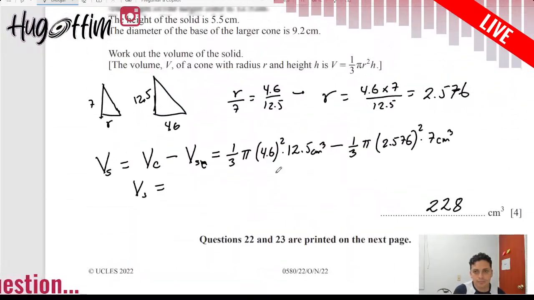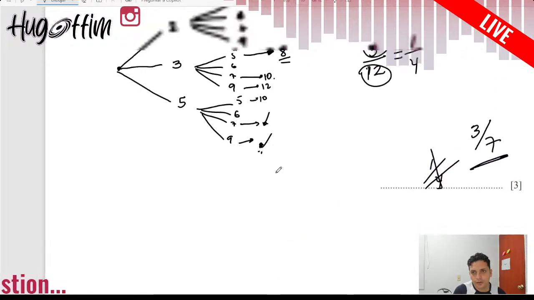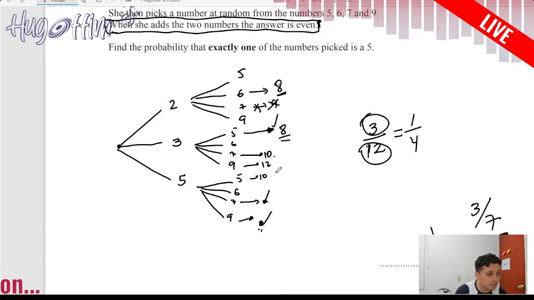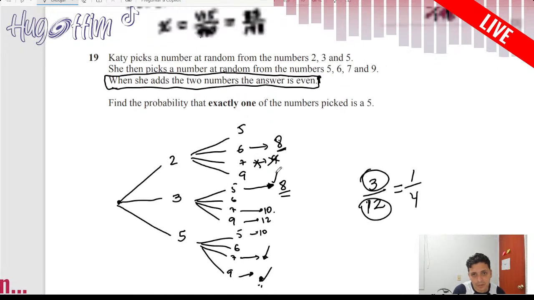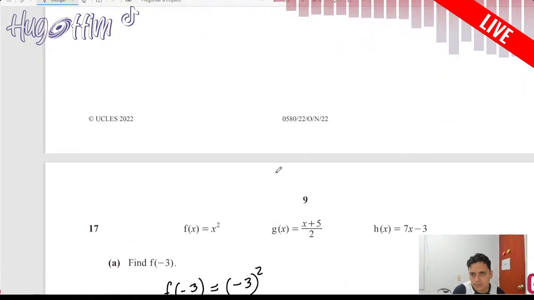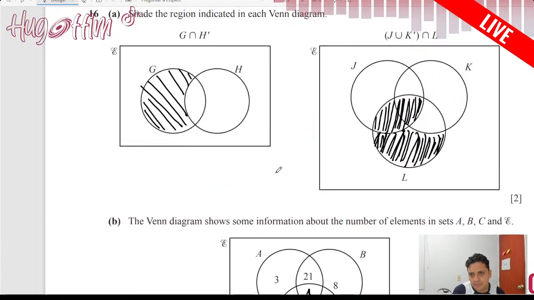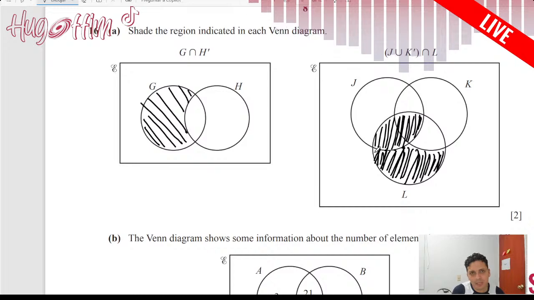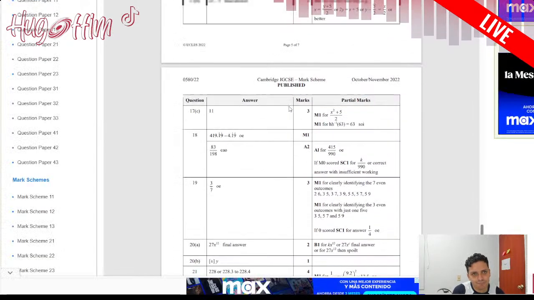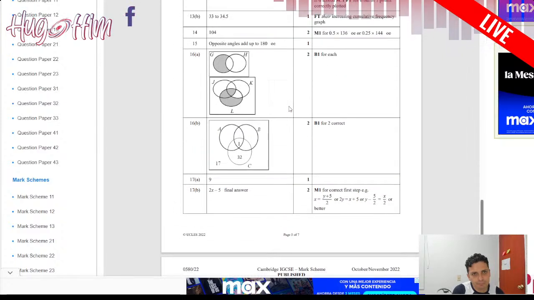Yes, you know, I didn't score here. I will get 1 mark here. 1 mark, I guess. And what is the other? And this one. I think I will get 1 mark here as well. 16A. Yes, I guess I got 1 mark.